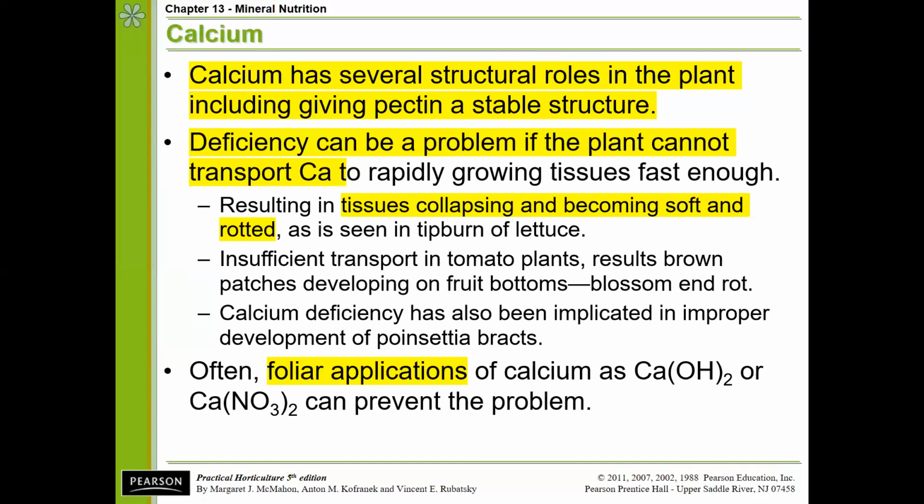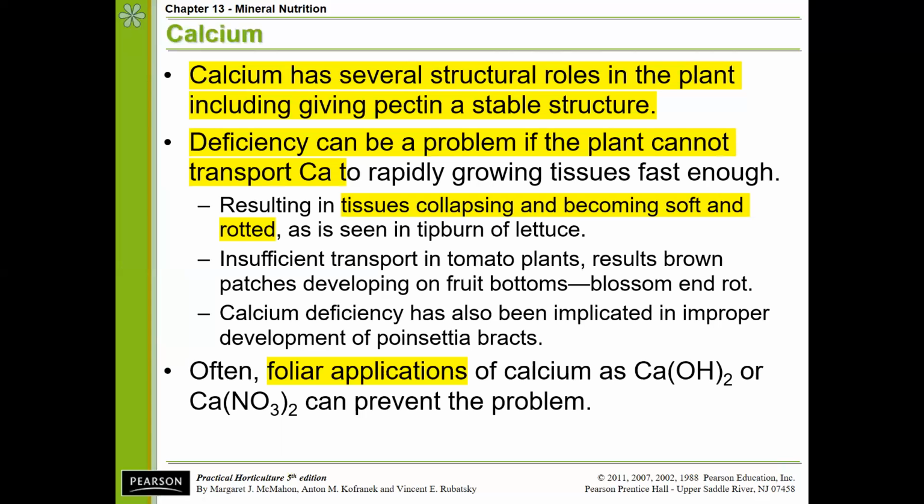Fortunately, it can be fairly quickly corrected with foliar applications of calcium. You can also supply it in the soil. And you've probably heard old timers growing tomatoes using things like eggshells rich in calcium to prevent blossom end rot.